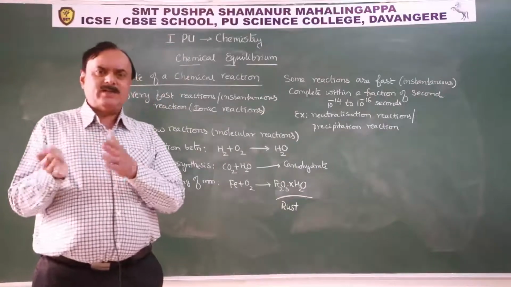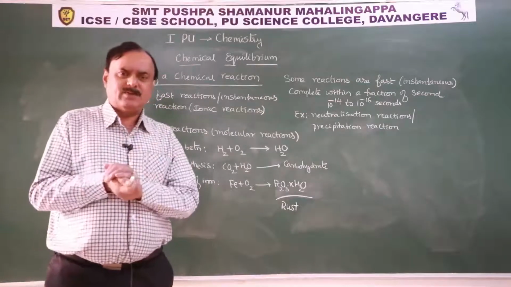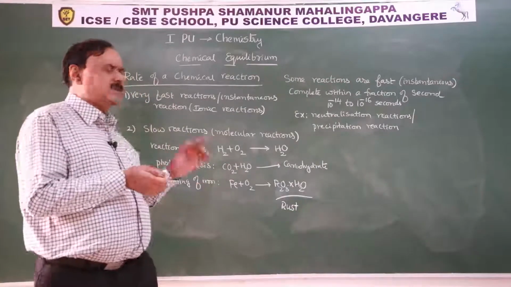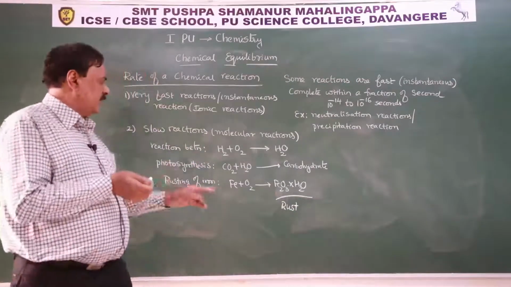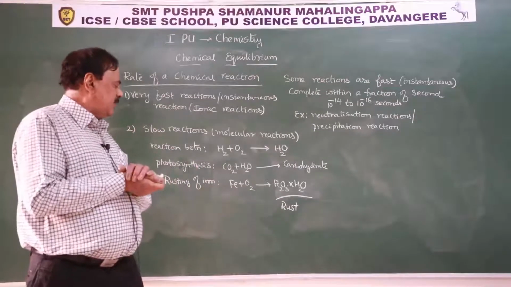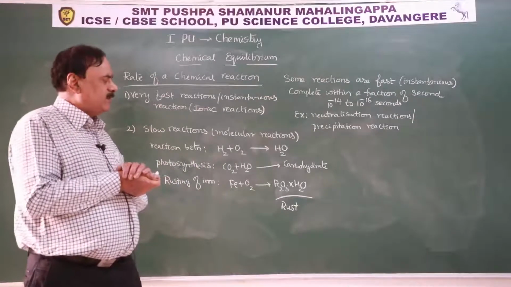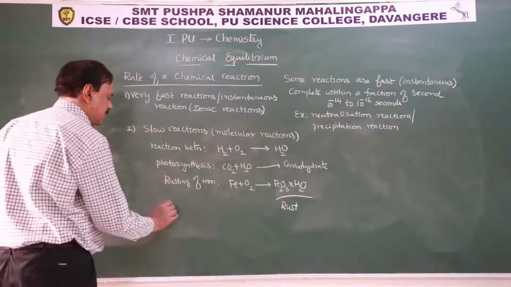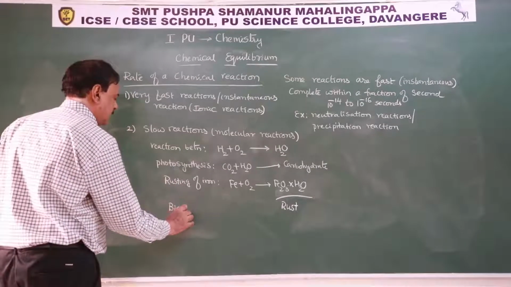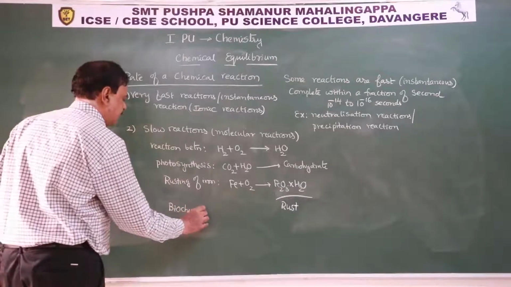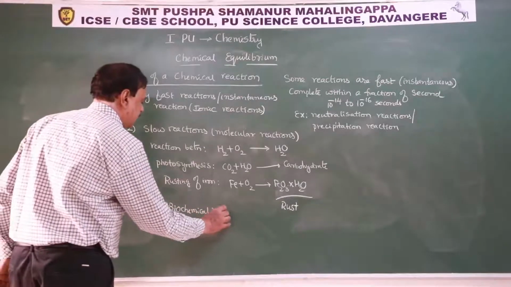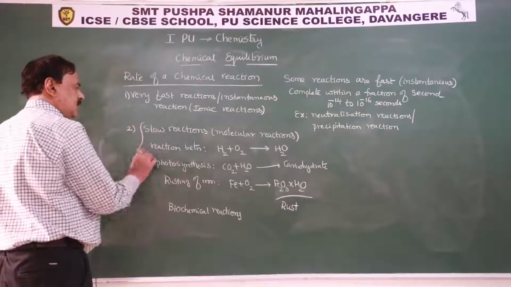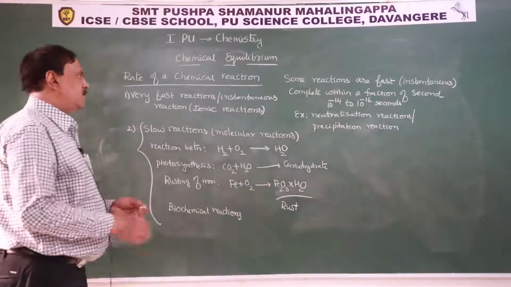Therefore, hydrogen and oxygen combining to give water, photosynthesis, rusting and biochemical reactions are all very slow reactions.